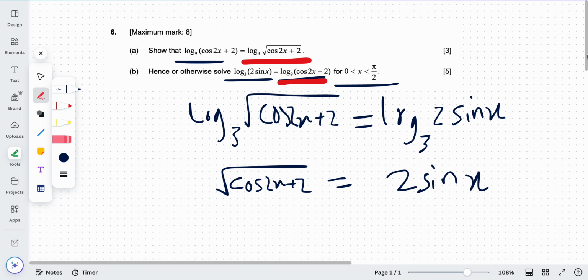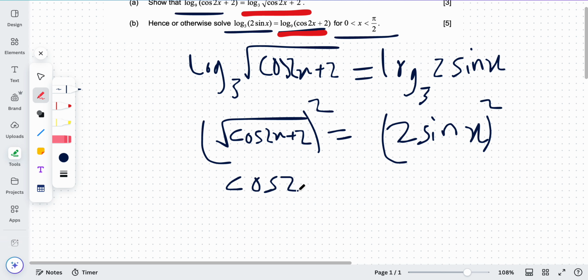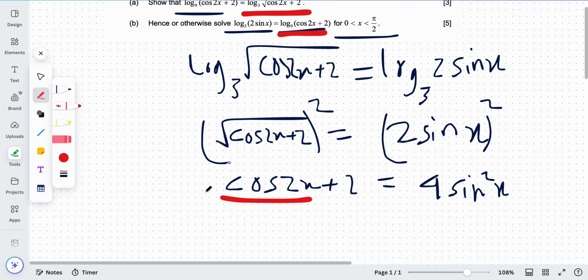Now one thing you could do is square both sides, to remove that root. There are many different methods you could choose. So cos 2x plus 2 equals 4 sine squared x.